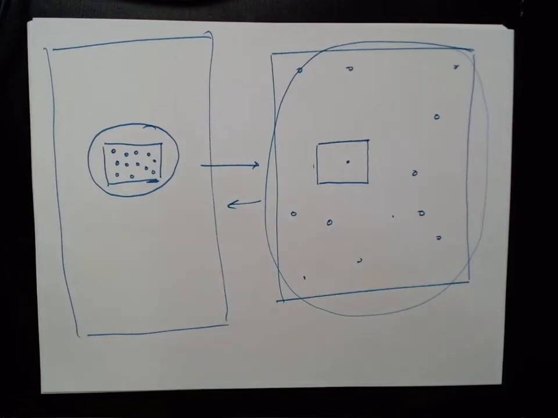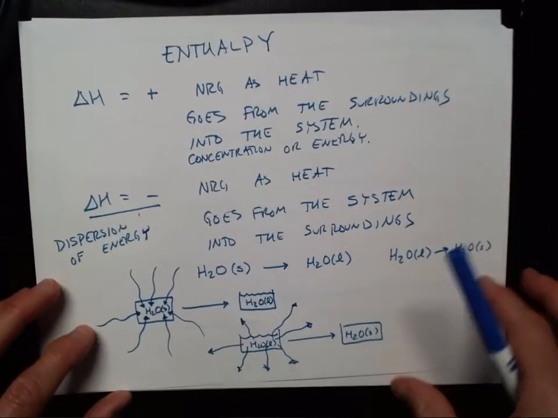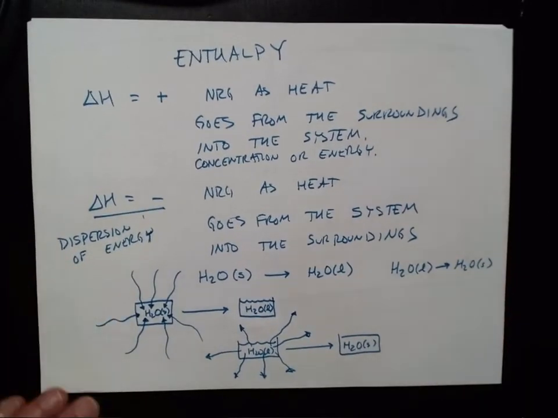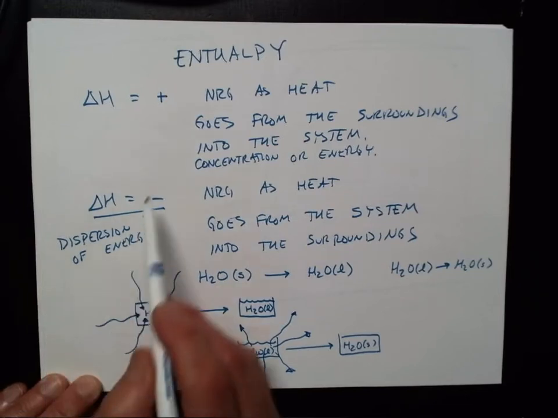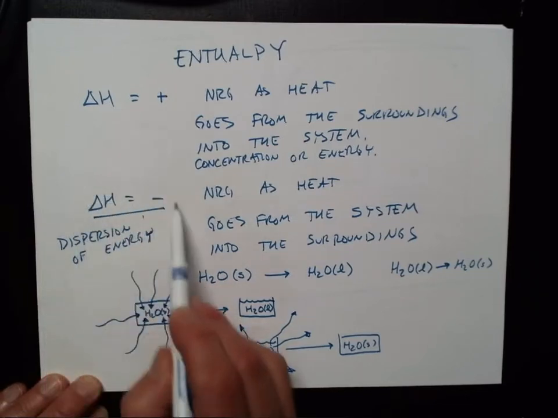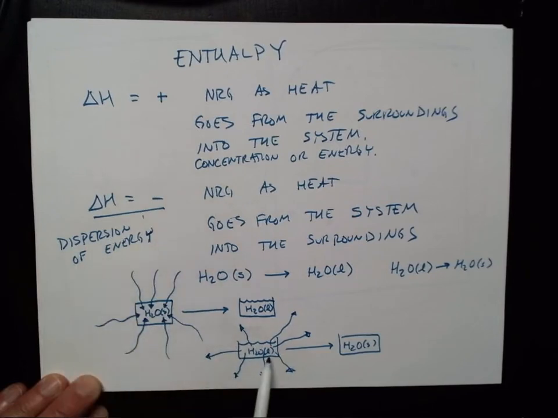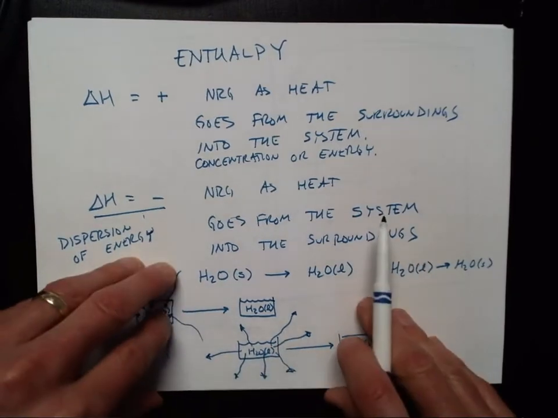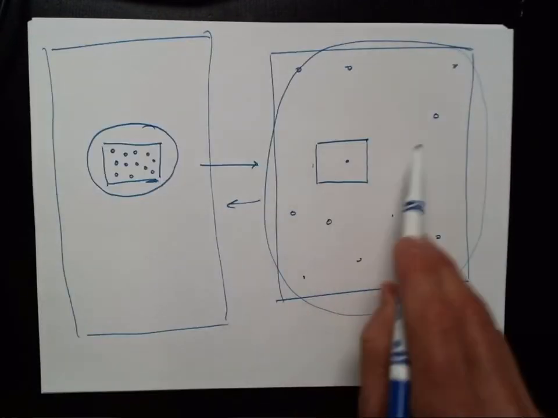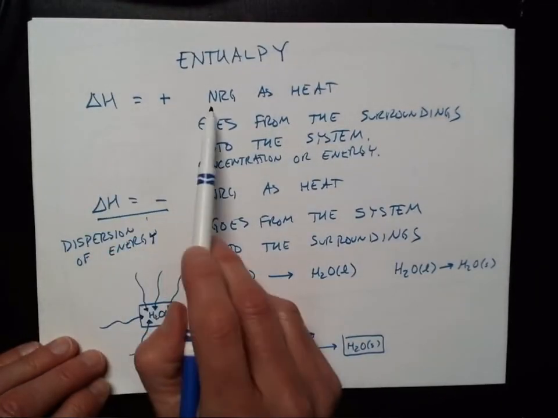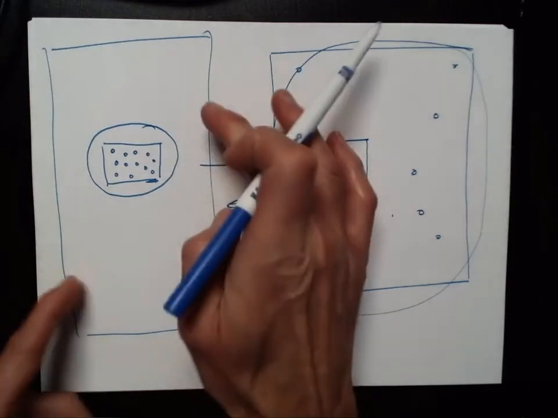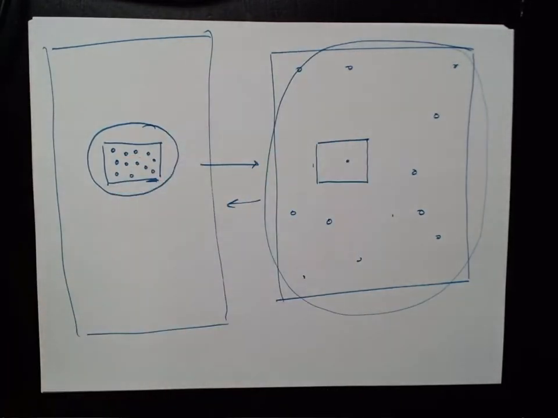And that relates to spontaneity and enthalpy in the following way. It is more likely for processes to undergo exothermic changes, where energy is released from the system into the surroundings, than it is for endothermic processes, where energy needs to come from the surroundings and concentrate into the system.